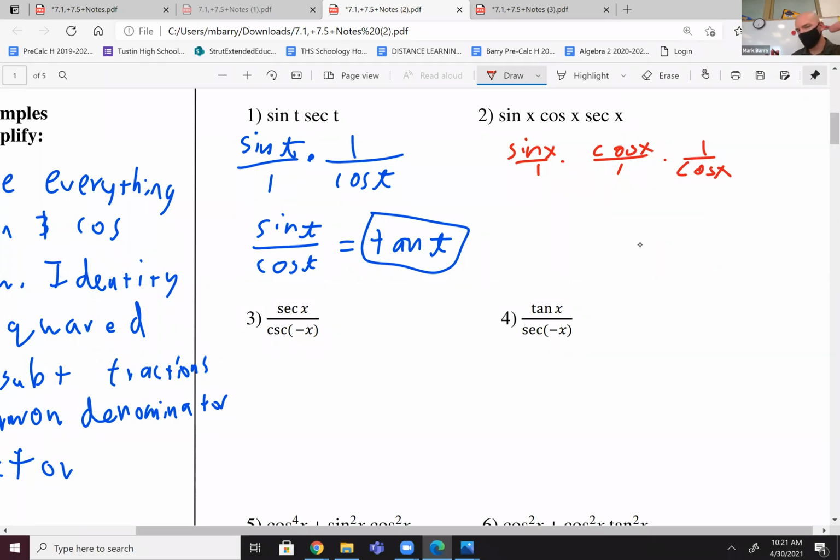Once again, these are all multiplying, so we don't need to worry about common denominator. We are allowed to cross cancel, and we do have some cosines there that we can cross cancel. So what's left is really just my favorite brand of nasal decongestant, sin x. That was a joke.